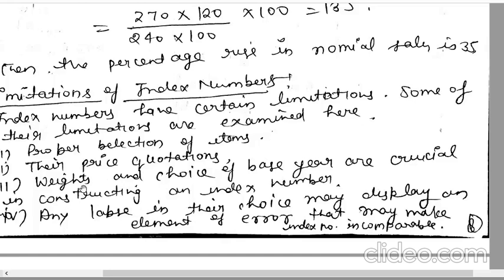Weight means apples, vegetables and wheat grains have prices by weight, and milk or water or something have prices in liters. So weights and choice of base year are crucial in constructing an index number. Any lapse in their choice may display an element of error that may make index numbers incomparable.